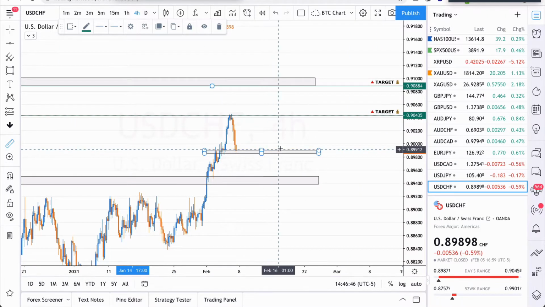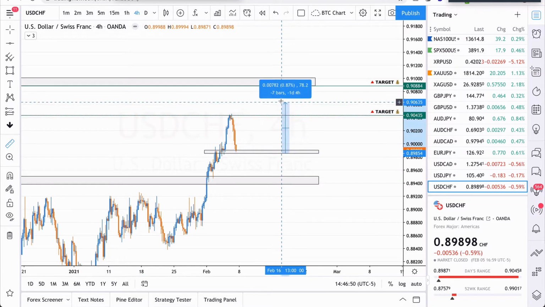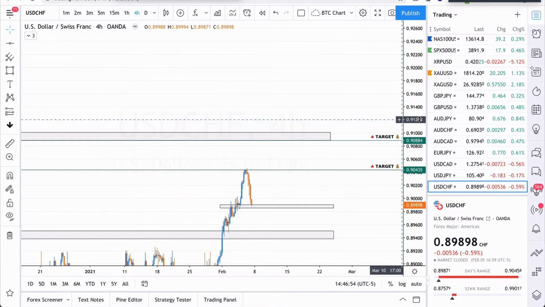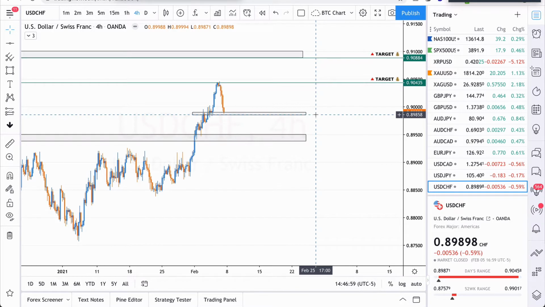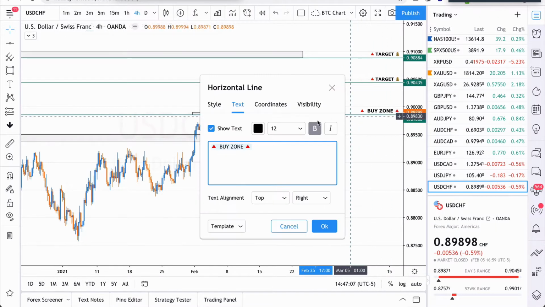Let's see how many pips that is. So let's say it comes down. See, that's 100 pips. So you're looking for a potential buy limit. As we know, there's no telling what the market did. We'll call this a potential.